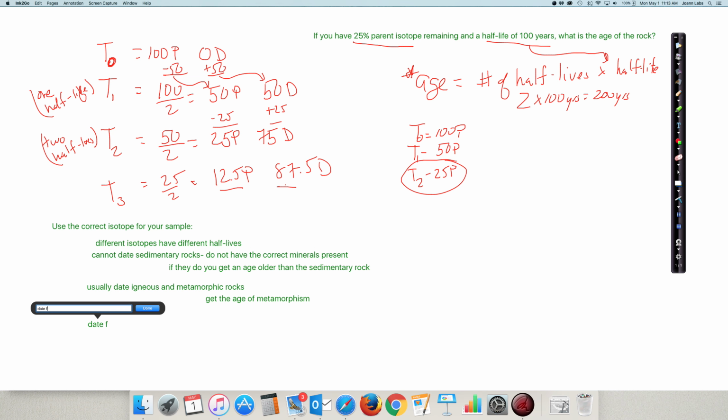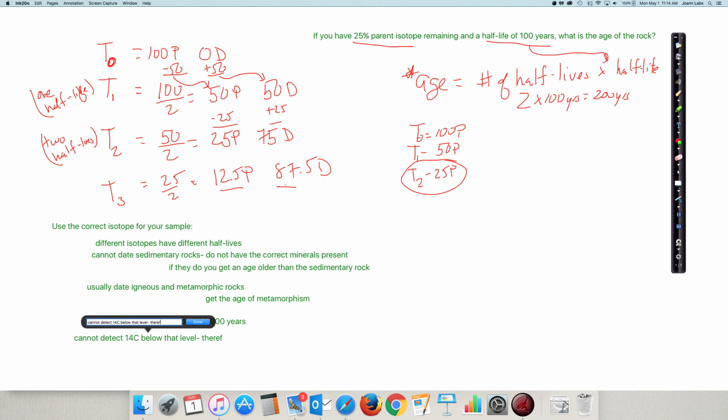We can date fossils only back to about 100,000 years, primarily because we're using carbon-14 and we cannot detect carbon-14 below that level. As technology gets better, we will be able to do that.